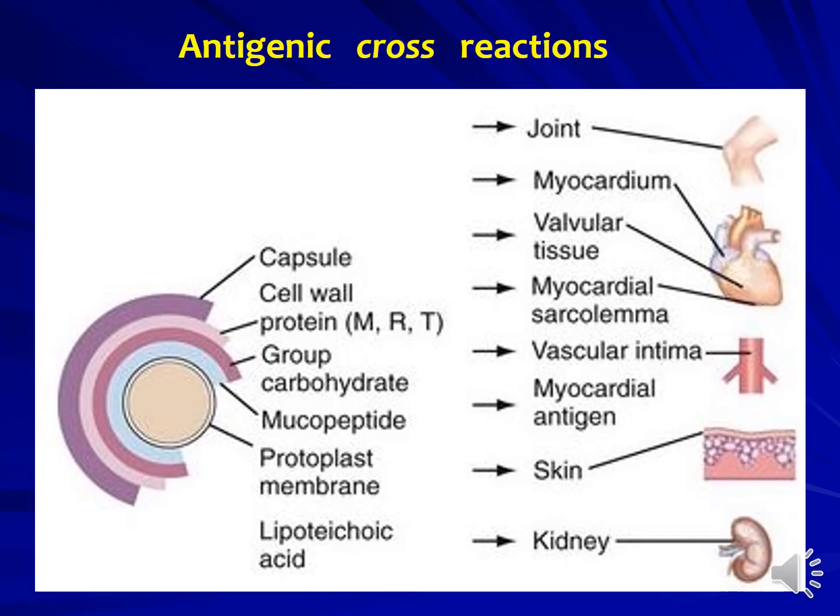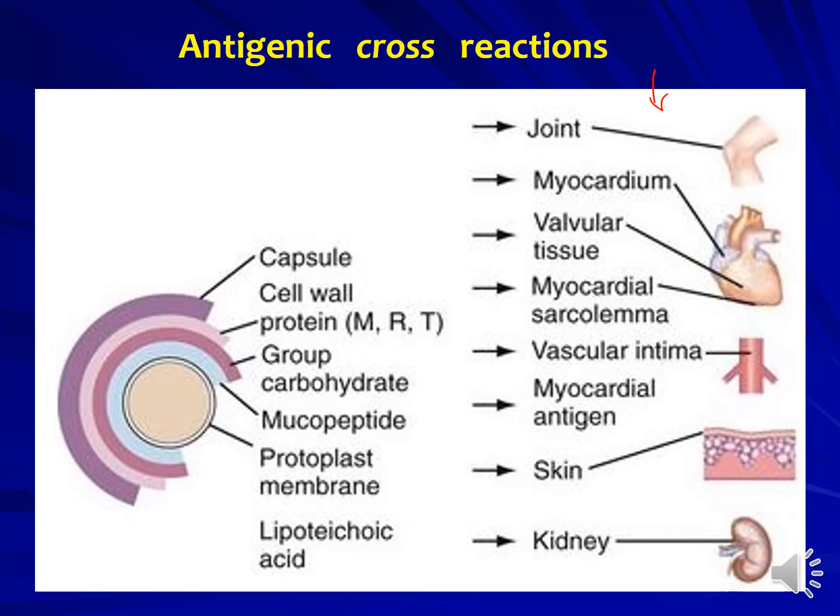Antigenic cross reactions between the contents of the cell wall and the cytoplasm of the bacteria with many antigens of the human body result in some immune complex mediated diseases.